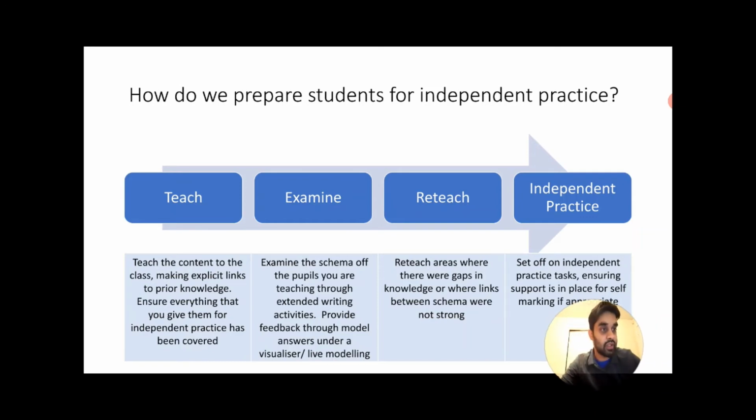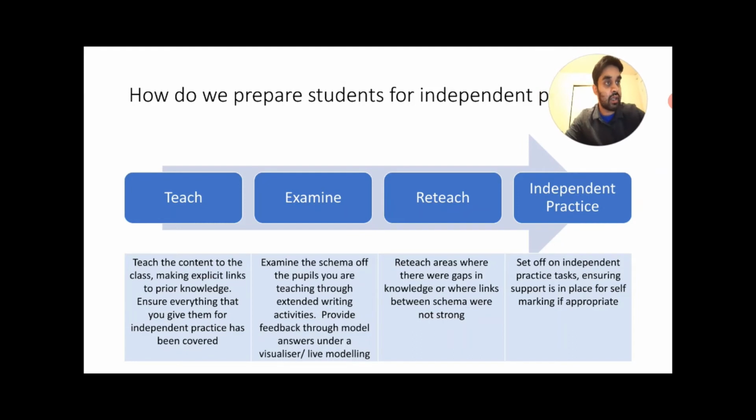So I'm just going to move this over to here. There we go. Right, so I teach content in class in the usual way that I teach. I try to make the links to prior knowledge really clear, so they know that what I'm teaching them right now links explicitly to something they know from before.